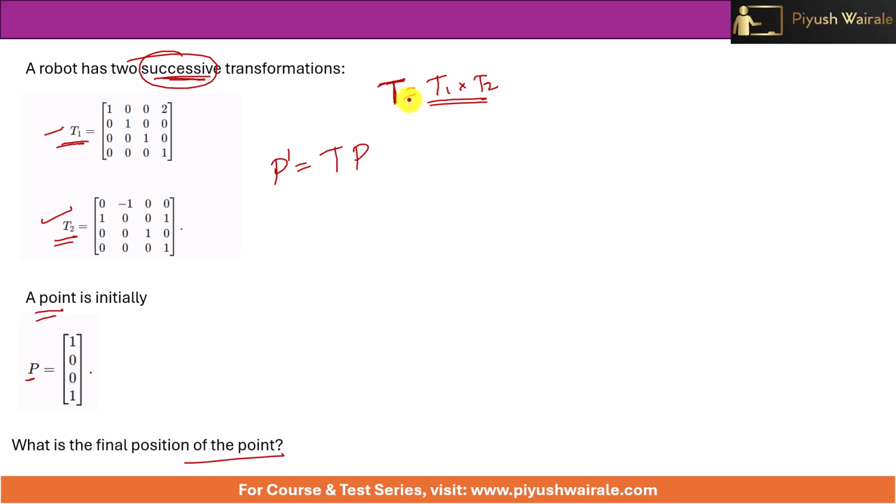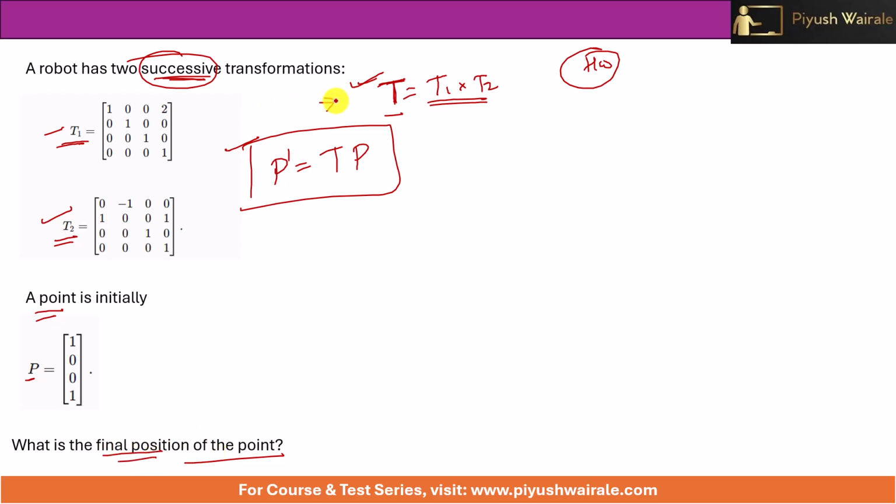So what you have to do is just a calculation here. Find the value of T1 into T2 by matrix multiplication, then you get the matrix T, and then apply it. This will be a homework thing for you. Apply these two things and tell me the final answer: what is the final position of this point?